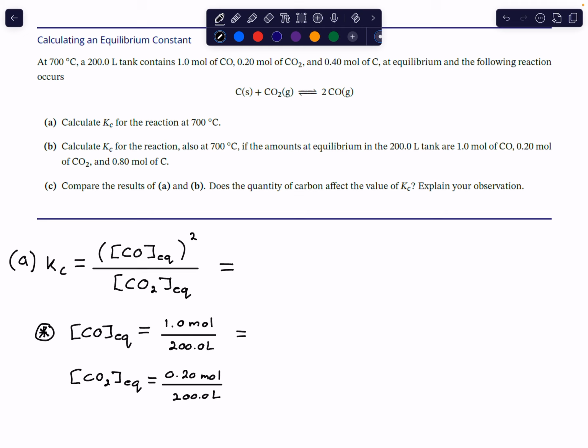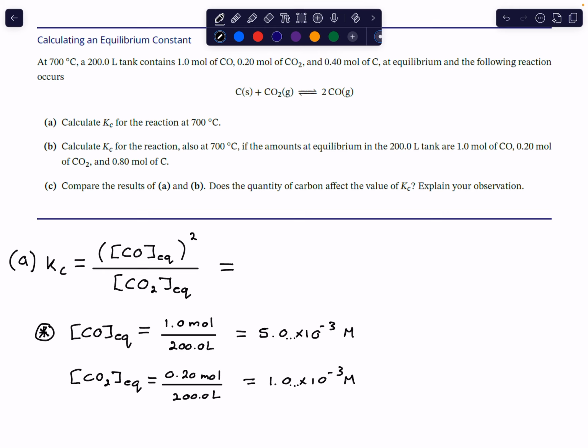You can calculate that separately, or you can immediately plug it into the equation there at the top. So [CO] is 5.0 times 10 to the negative 3 molar, and [CO2] is 1.0 times 10 to the negative 3 molar. Of course, technically you keep all your decimal places in these calculations.